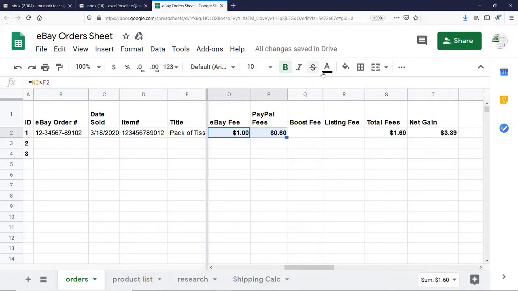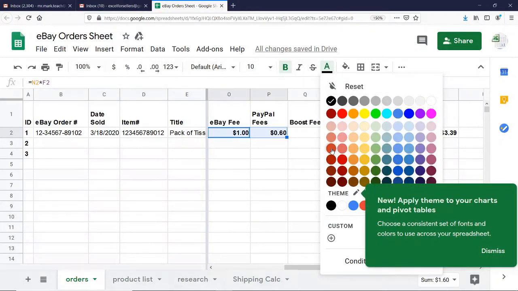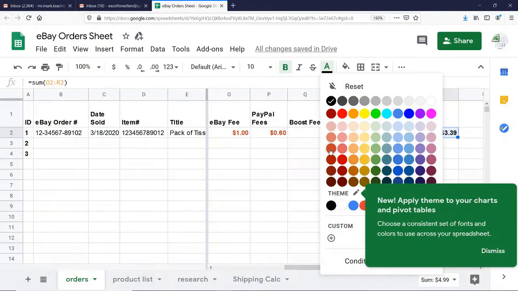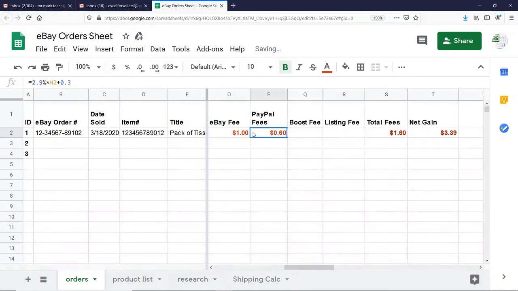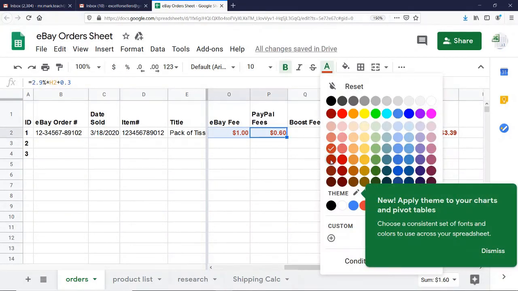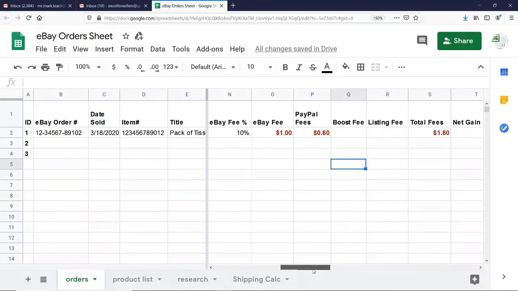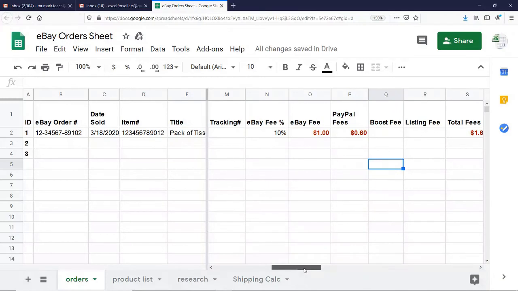I like to do that a lot of times. So I'll go here and use this text color instead, usually the more solid, darker one like this, right? And that just helps me to distinguish the formulas from the other cells. And so that's pretty much it.